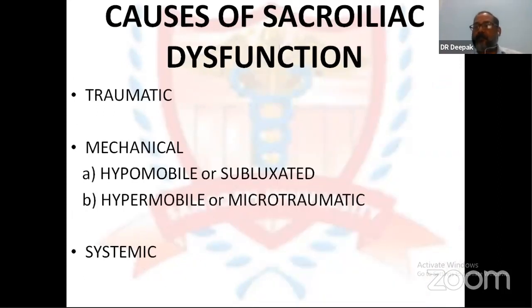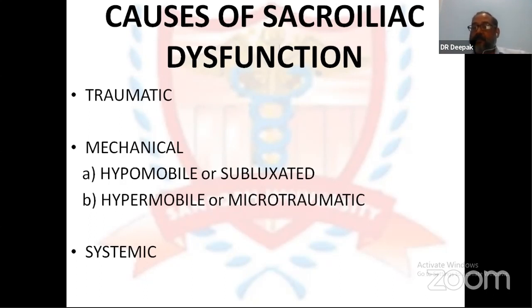So what are the causes of sacroiliac dysfunction? The causes are: first, very commonly, traumatic; second, mechanical. In mechanical, there is a hypomobile or hypermobile joint. Hypomobile means the joint is subluxated, and hypermobile is microtraumatic. Third is systemic condition. I emphasize one thing in this hypomobile, that is subluxated.